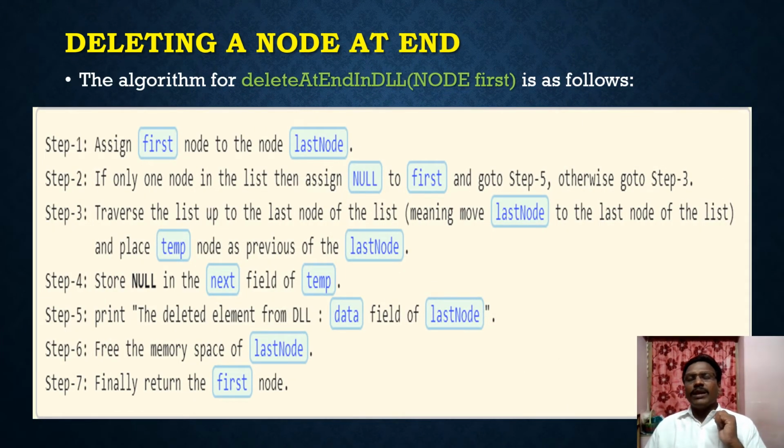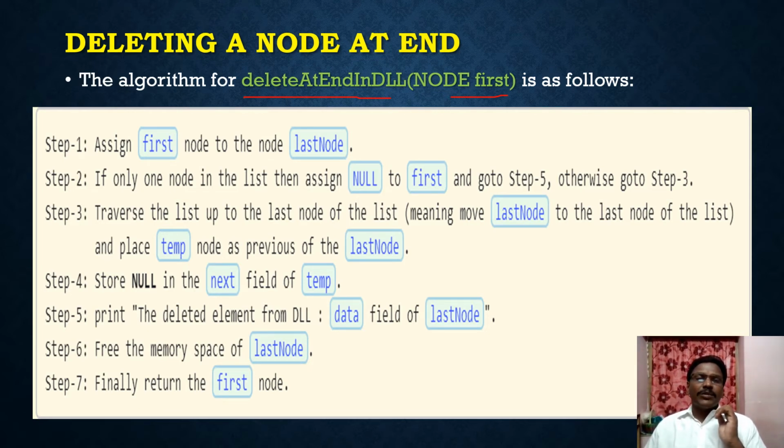Deleting a node at end position. In this algorithm, delete at end in a double linked list, the function's argument is node first. Step 1: assign first node to the node last. After the statement execution, the first and last nodes are representing the same location.